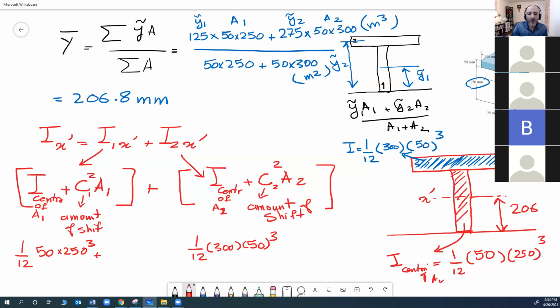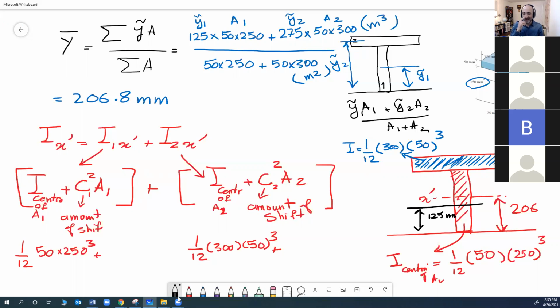All I have to do is find the amount of shift between the centroid of each area and this axis that I'm after. For area 1, the centroid of area 1 is located at half of 250, so it's 125.